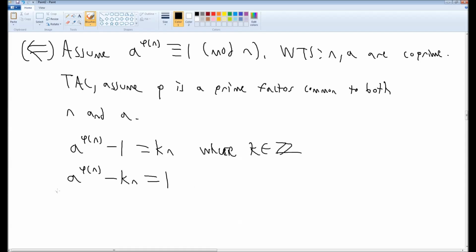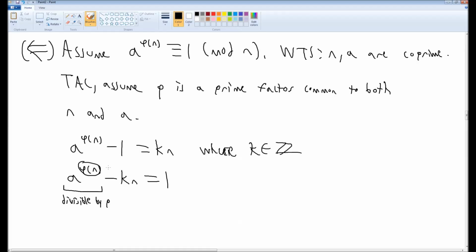But now here's the thing. This guy right here, this a to the power of phi of n, this has to be divisible by p. And why is that true? Well, we assumed that p is a prime factor of a, right? Now, you might think, well, what if this is a to the power of 0? But the thing is, phi of n can never be 0. It always has to be at least 1.